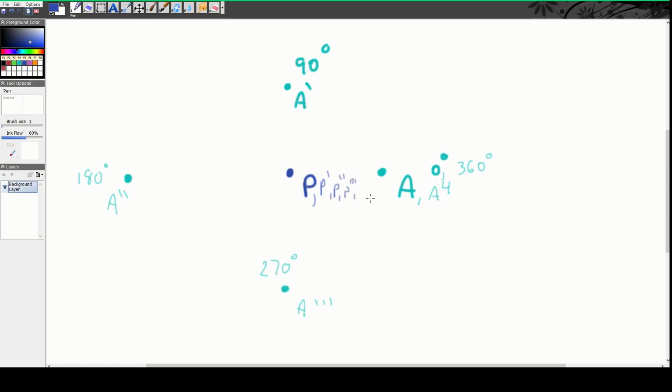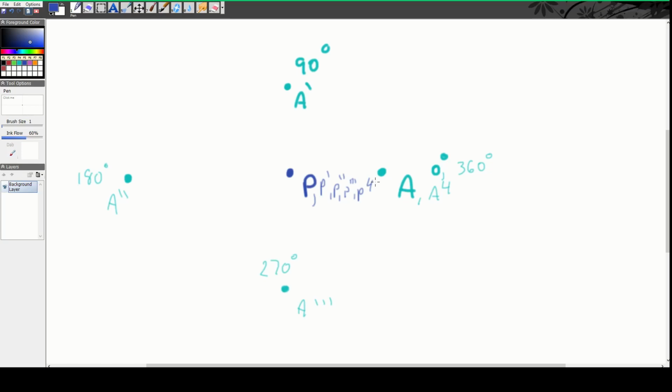And of course, when I came back all the way around, I have my P to the fourth. So if I'm properly labeling all of this, I do include my P prime, P double prime, P triple prime, and P fourth prime, because that P has moved 4 times. It just appears in the same position, but its orientation, or the direction that it's pointing, has moved along with my A as it's gone around. Now, that's in the positive, everything I've just showed you.